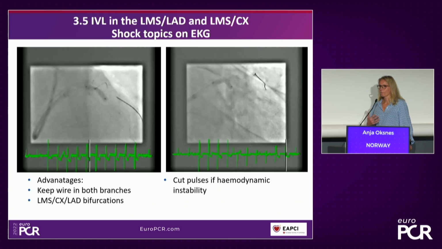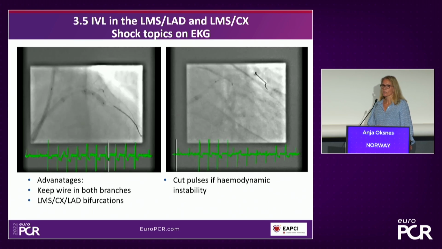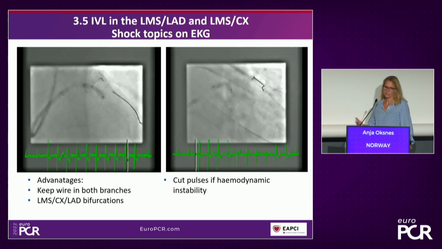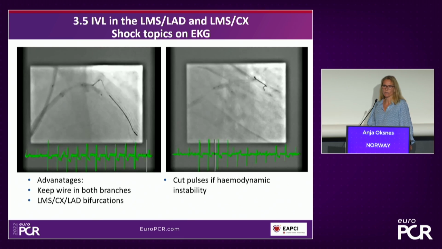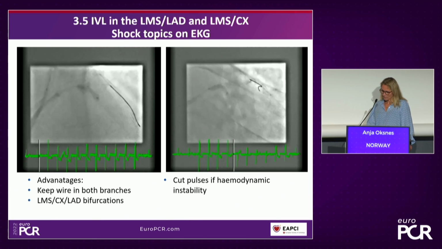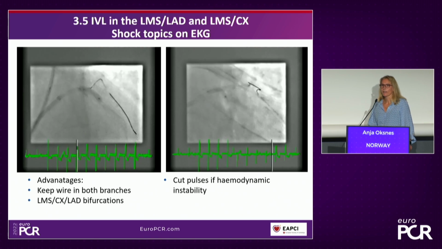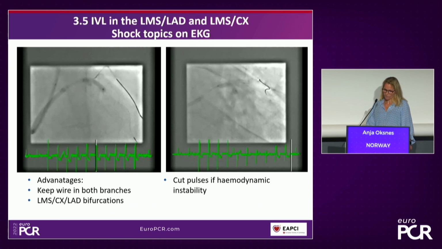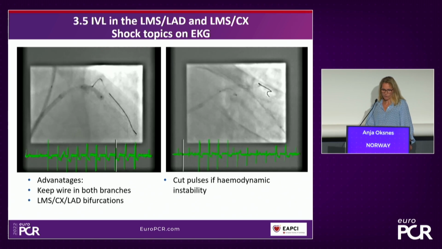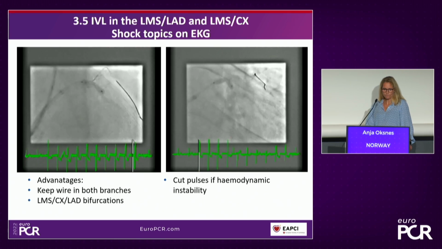And if you have a patient with aortic stenosis, or the patient gets hemodynamically unstable, you can cut your pulses. You don't have to deliver all of them, and you can also retract the catheter. I don't find it very often necessary, though. The patient usually tolerates these shocks.